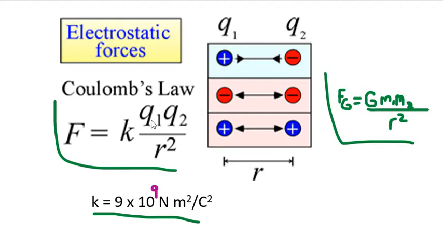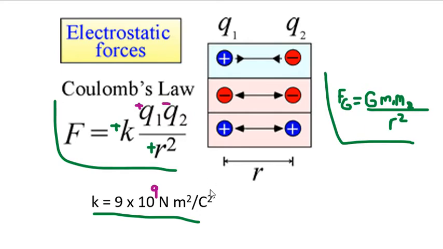But let's look at the math. K is a positive, it's just what it is. R, the distance between the two, that's always going to be a positive. So this is always going to be positive. This is always going to be positive. And then let's say that we have these two charges, one positive, one negative. Well, Q1's positive, Q2's negative, and I don't even care what the numbers are.